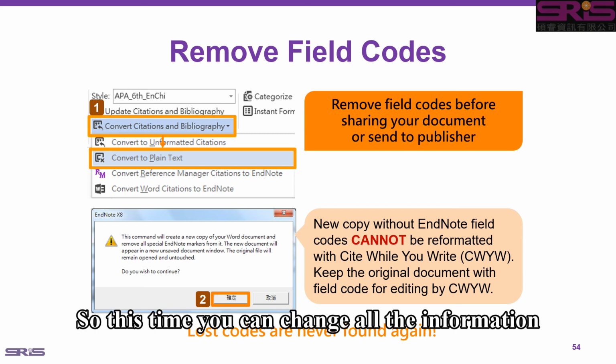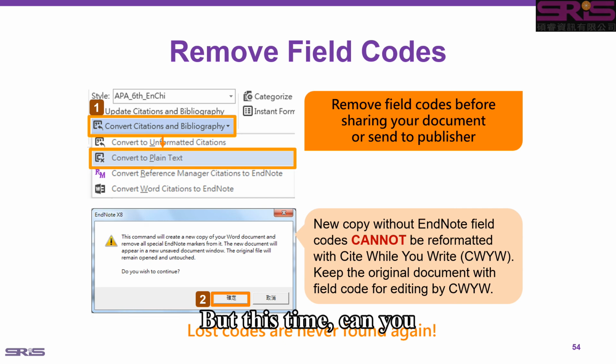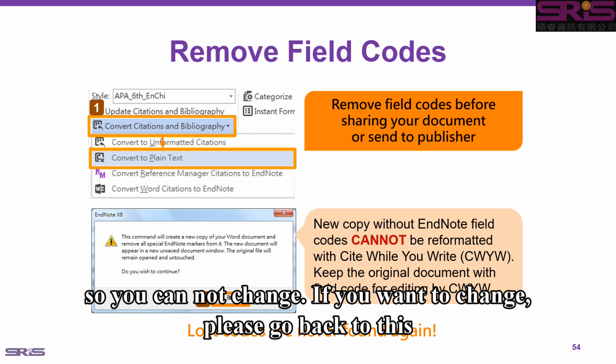So this time you can change all the information by yourself. You don't have to worry about the field codes. Okay, but this time, can you change it from APA 6 to another output style? No, because there are no field codes, so you cannot change it.